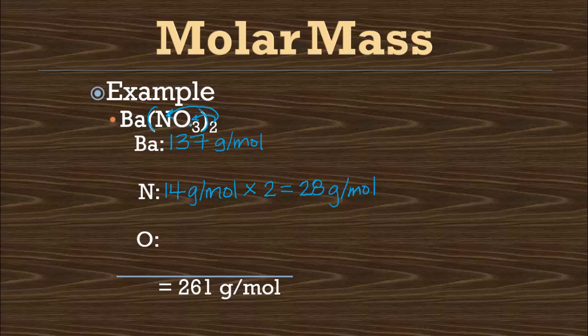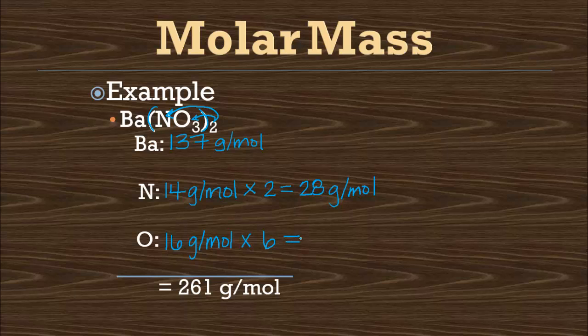Then we have oxygen. Oxygen has 3 already, but we need to multiply that by 2, so you're going to multiply the subscripts. So oxygen is 16 grams per mole, but we're going to multiply it by 6, because we're going to take these and we multiply them together when we distribute.